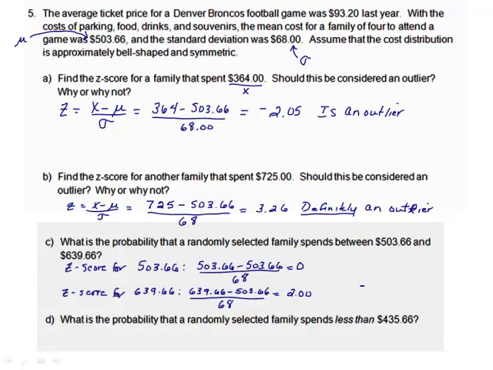Now here, remember when we're doing probabilities with the normal distribution, with z-scores, I really would recommend that you draw the picture. Here's the picture of our distribution. We've got our mean right there in the middle, and our two values are 503.66 and 639.66. So we're going to draw both of those on the graph. And we want the probability that the value is between those two, so we're going to shade in between the two.